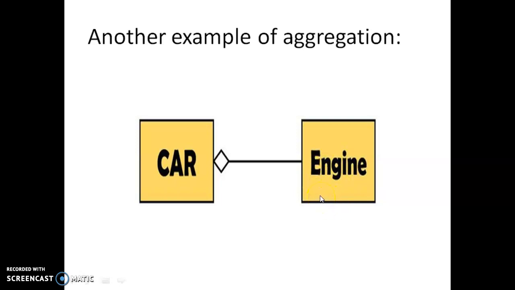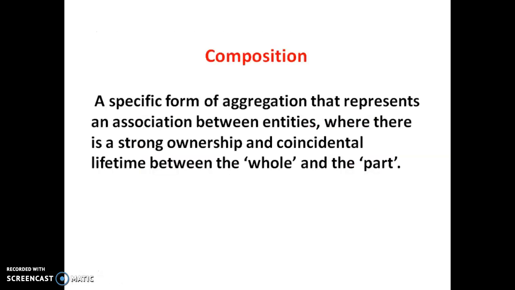So aggregation is a type of association which describes a has-a relationship between objects or entity types. For instance, a car has a gearbox, a car has an engine, and a car has many wheels. Car is whole, engine is a part. This is all about aggregation.